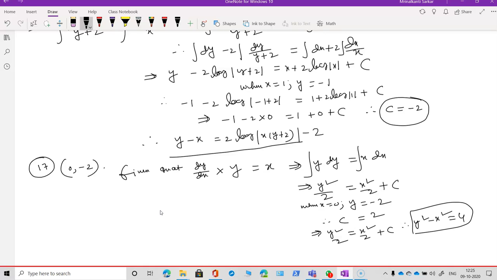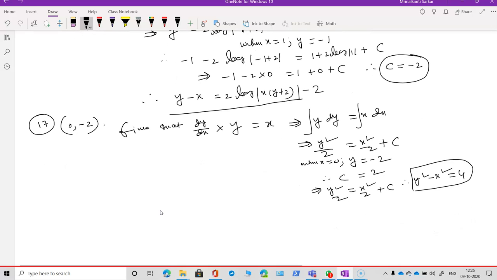Okay. Now let us go for this sum, number 20. In a bank, principal increases continuously at the rate of R%. If principal be P, then it is given that dp by dt, principal increases at the rate of R% per year.